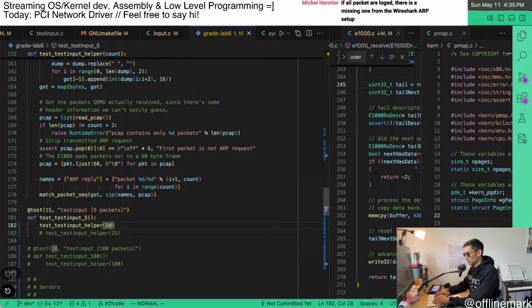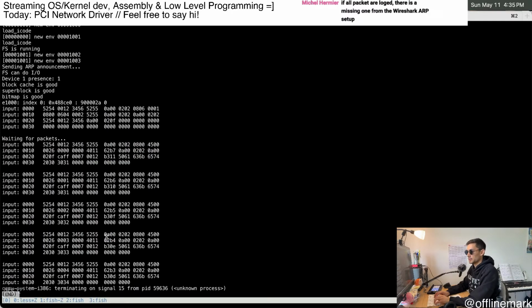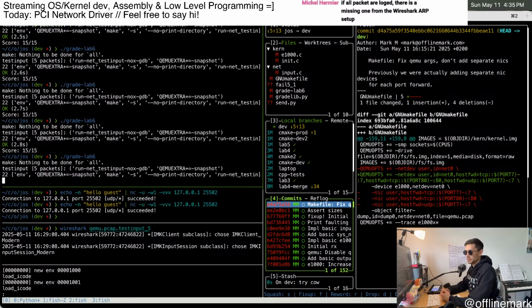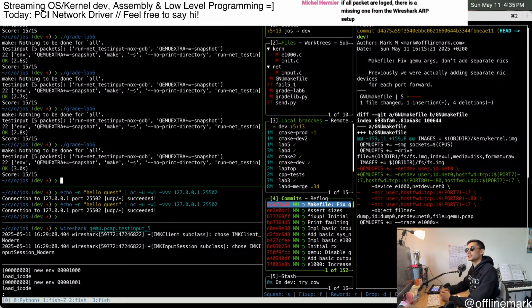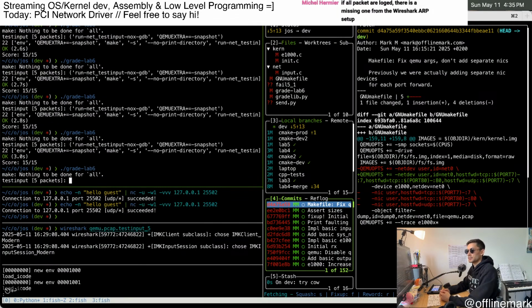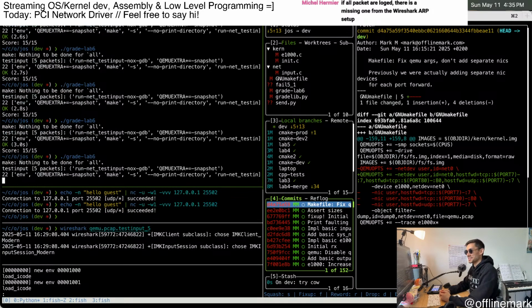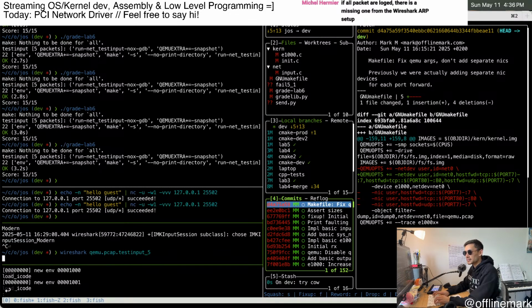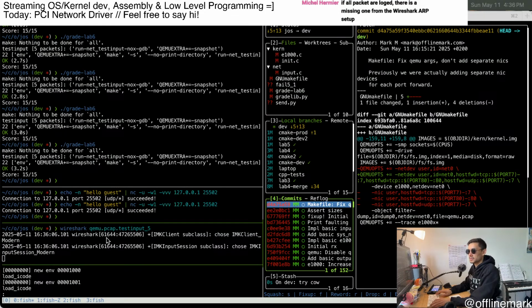Let's crank it up to 20 and see how it responds. Now I'm fully expecting it to fail. Oops. It's somehow still succeeding. What is going on? This is whack.